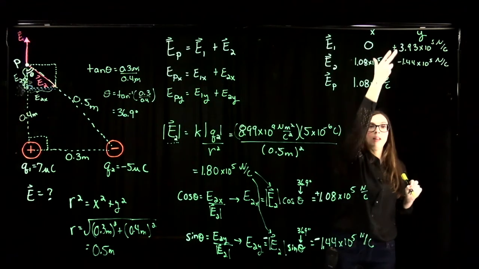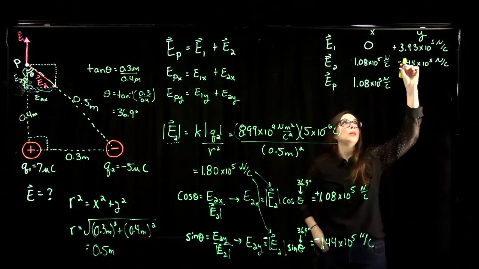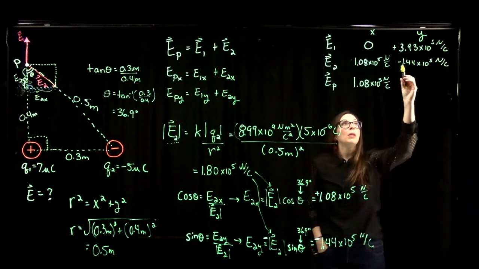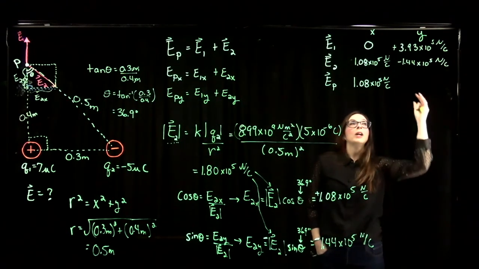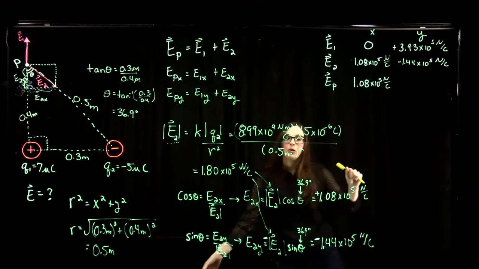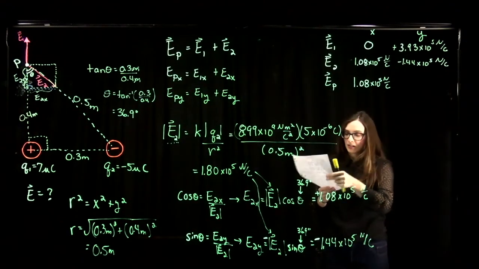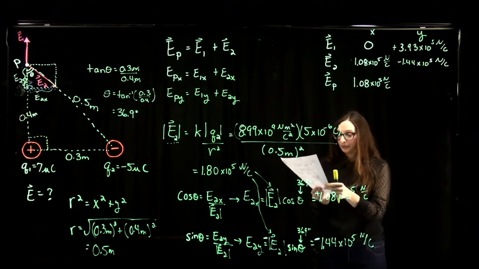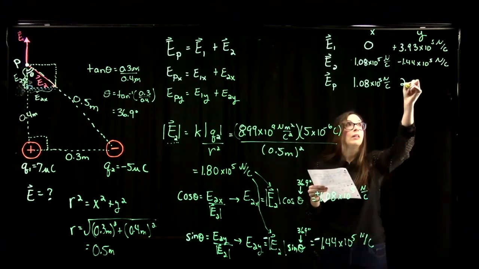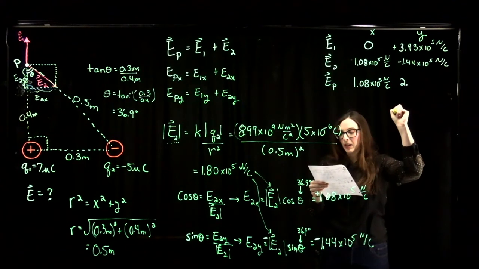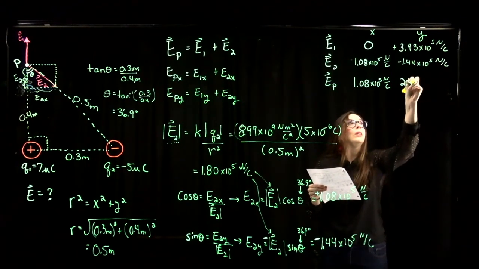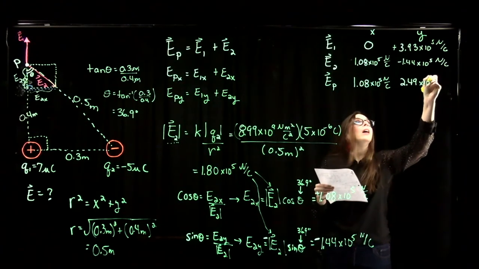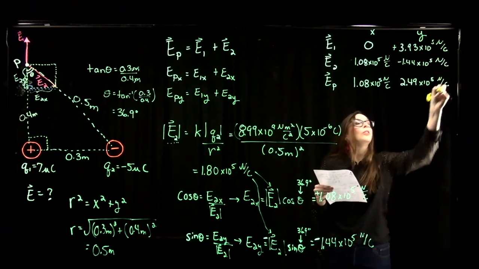And that's just adding these. We've got minus 3.93 times 10 to the 5 Newton per Coulomb plus negative 1.44 times 10 to the 5 Newton per Coulomb. And when we add those together, that gives us a y component for the electric field at point P of 2.49 times 10 to the 5 Newton per Coulomb.